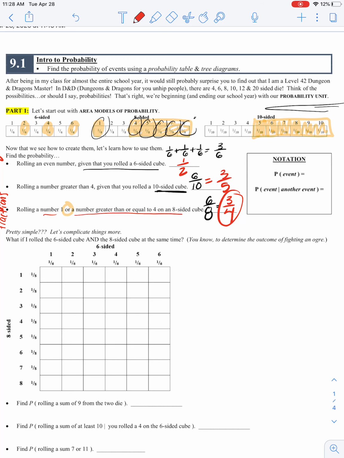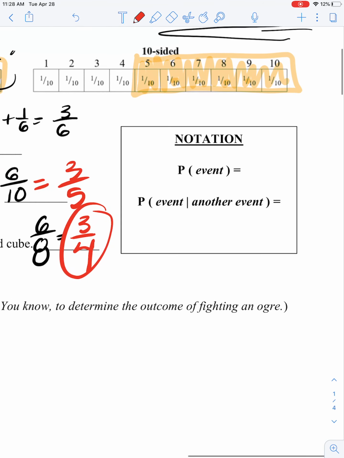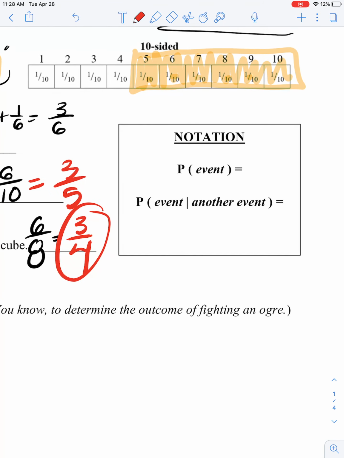So use the probability tables, the area models, to help you calculate the probabilities of certain events. The notation for probability, so if I say the probability of an event, the probability of rolling an even number, is P of whatever that event is.